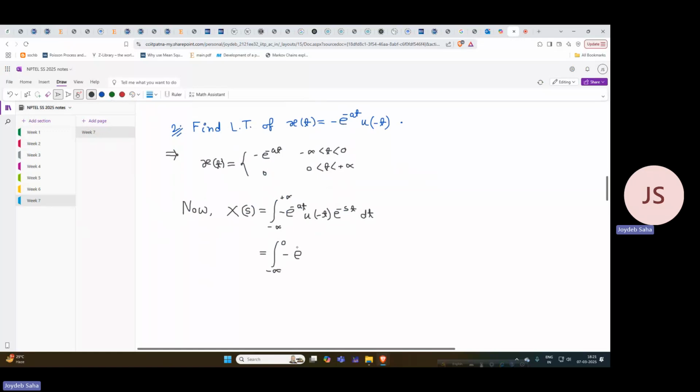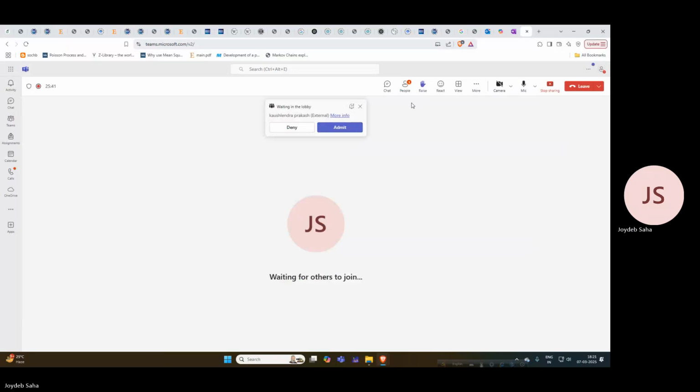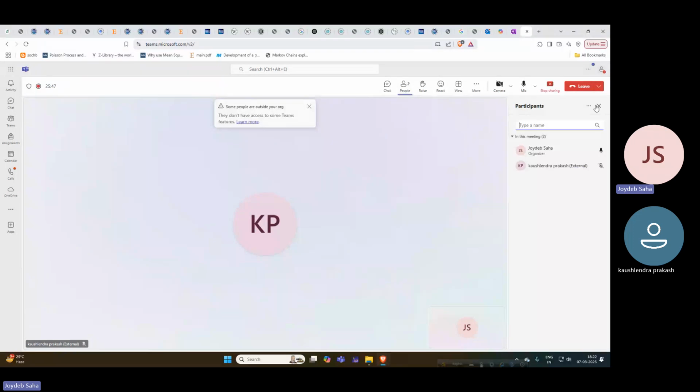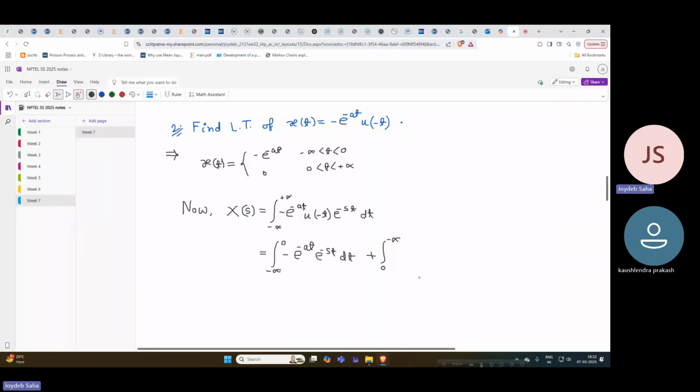Minus e to the power minus at, e to the power minus st dt, plus the integral from 0 to infinity of 0 dt.